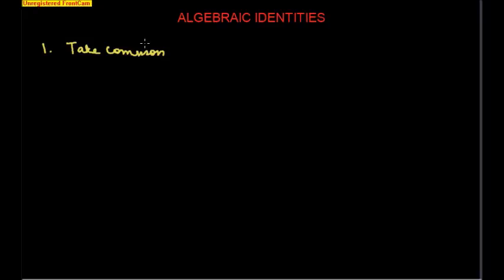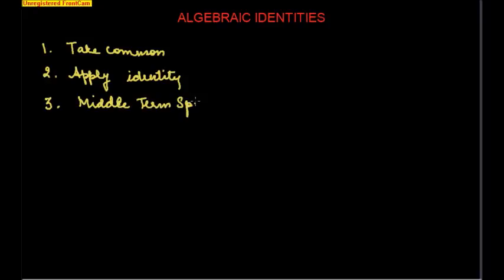Find out if there is something common in that expression and take that term common. Next, we apply an identity. If any identity is applicable, then we apply that. And if nothing is applicable, then we apply middle term splitting. So these are the fixed steps that you have to follow for factorization of an expression.